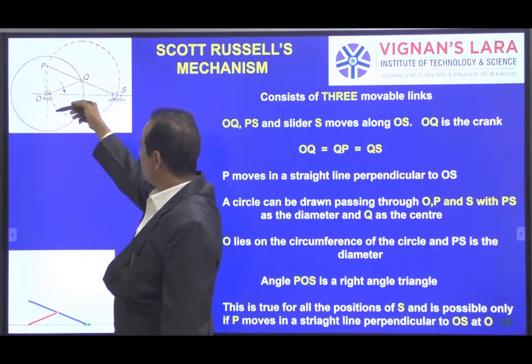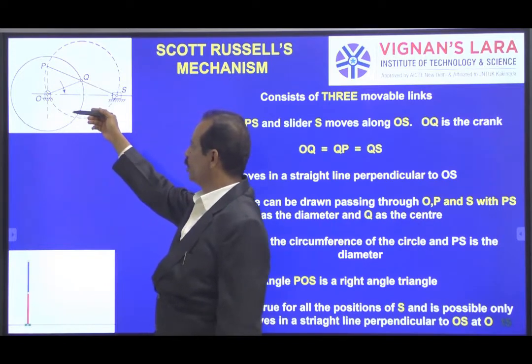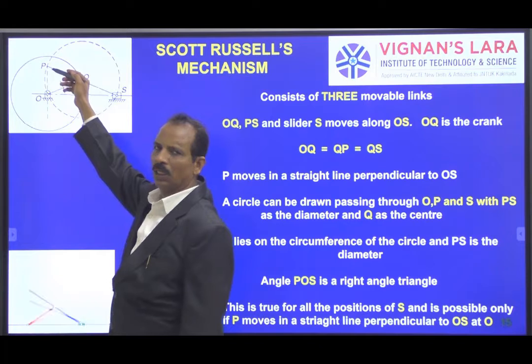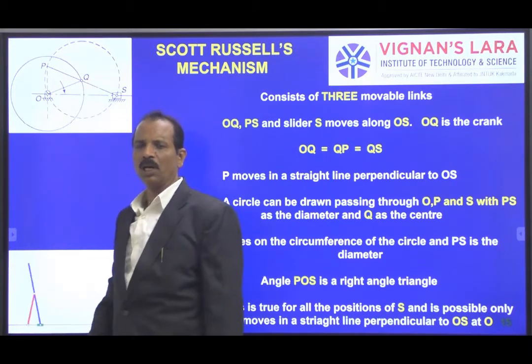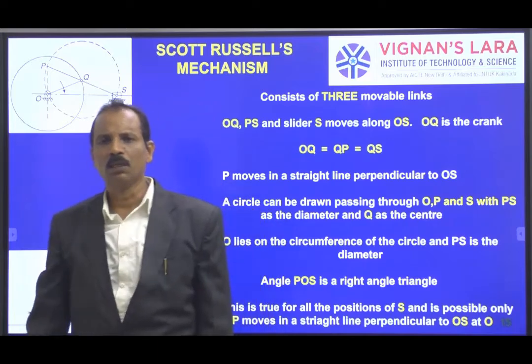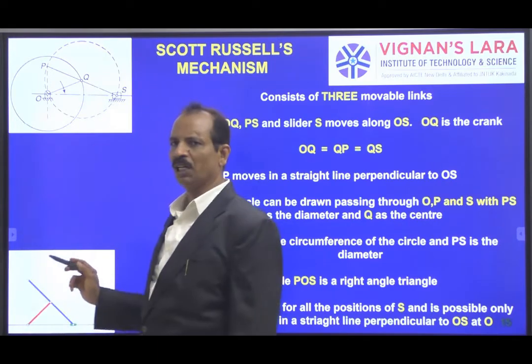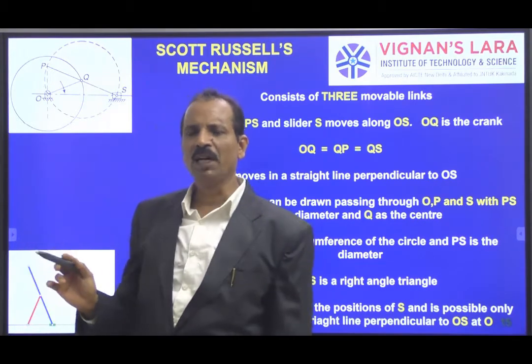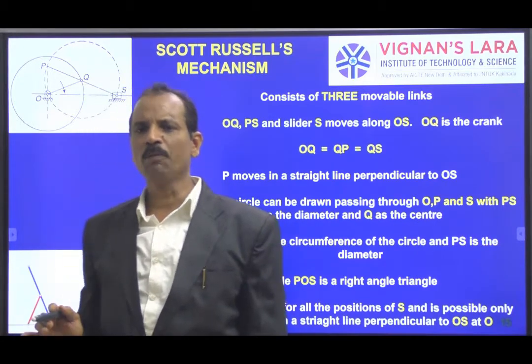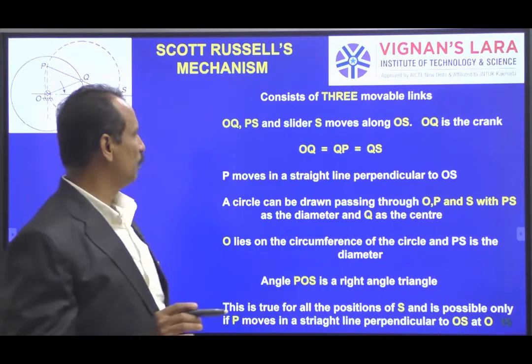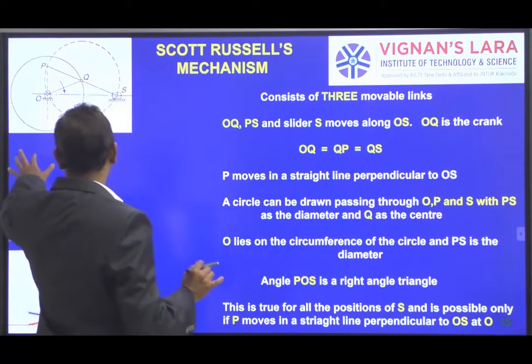Majority of the times we don't require the output directly on the line which is passing through the pivot point of the input link. This mechanism will give output only through that point.